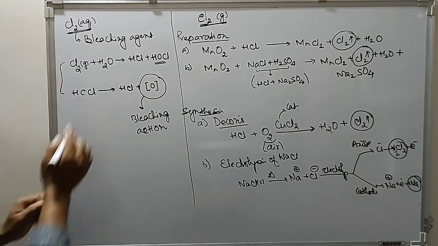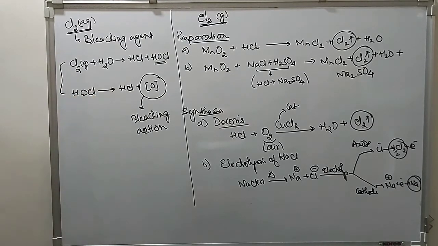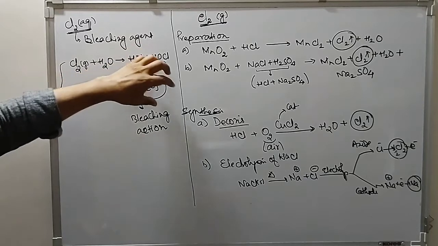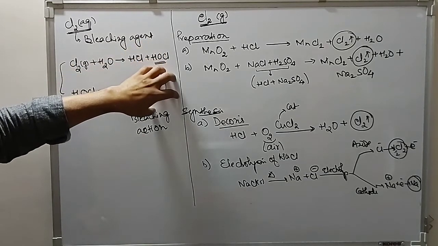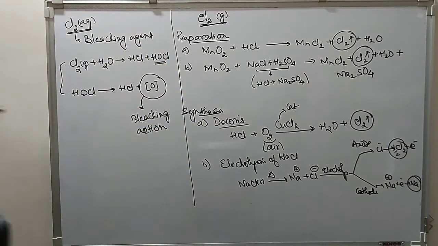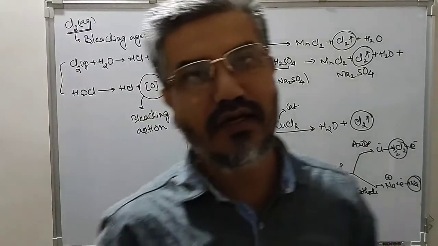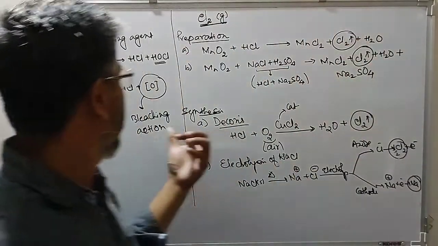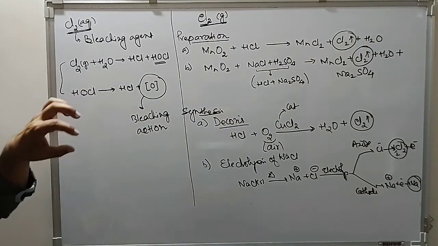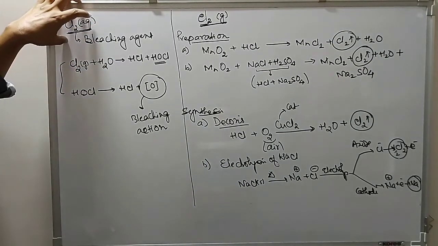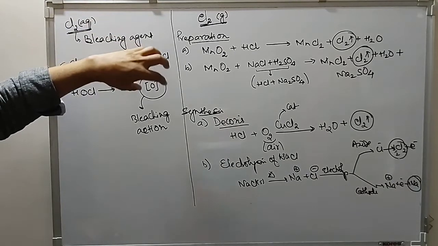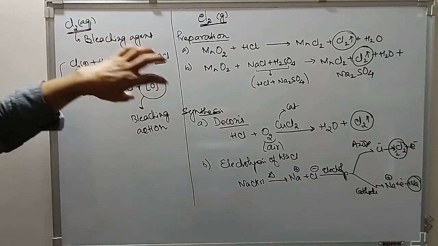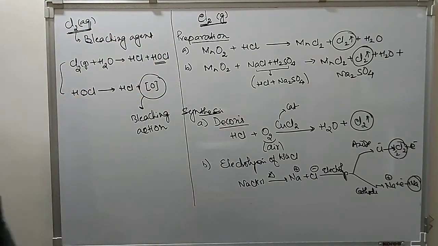This hypochlorous acid, being unstable, decomposes to give you HCl and this nascent oxygen or active oxygen. This active oxygen, being a very powerful oxidizing agent, acts as a bleaching agent. So the bleaching action of chlorine aqueous solution is due to the formation of this active oxygen or nascent oxygen.